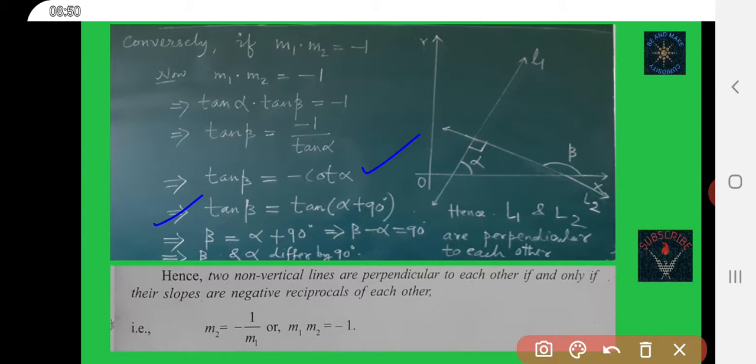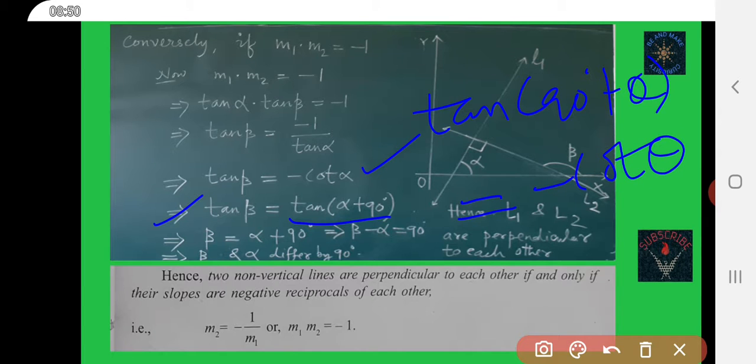Here tan beta is equal to, you can write this, because tan of 90 degree plus theta is equal to minus cot theta. So you can write here tan of alpha plus 90 degree. Here the angle is alpha, so you can write tan of alpha plus 90 degree.